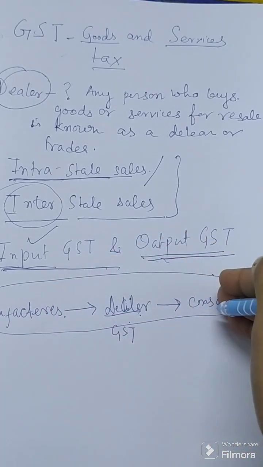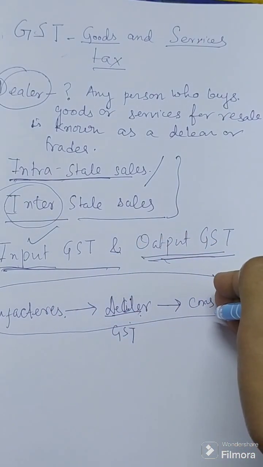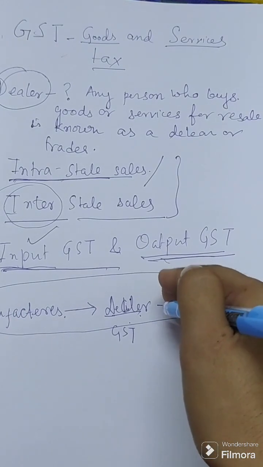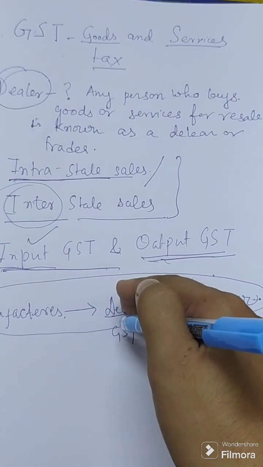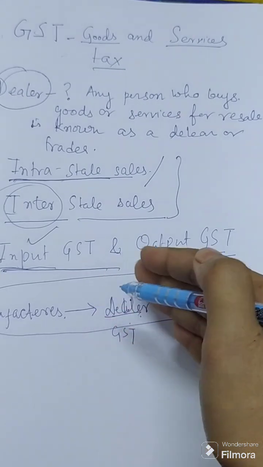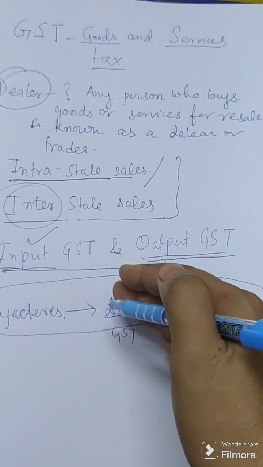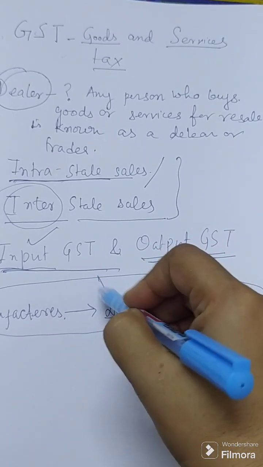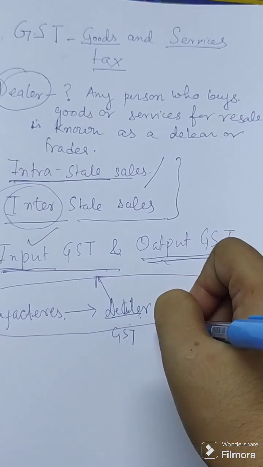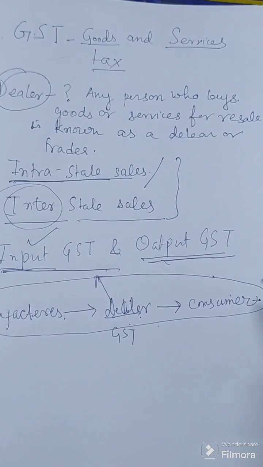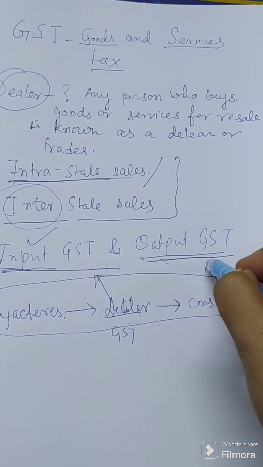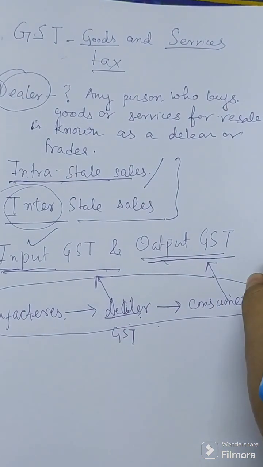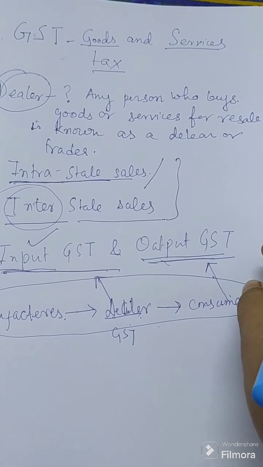It is collected from the customer itself, on the sales of goods and services. So in other words, we can say GST paid by the dealer is called the input GST, and GST collected from the customer is known as output GST. Right?